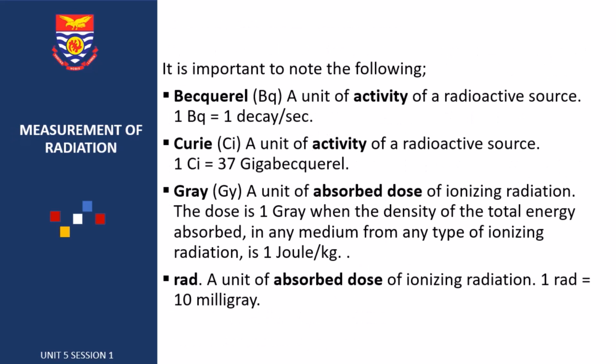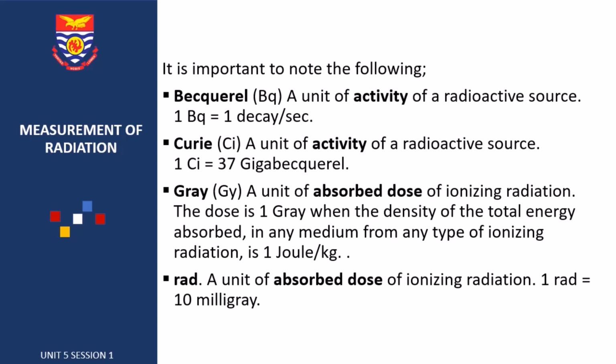In order to understand the measurement of radiation, let's recall the units of radioactivity we learned in the past. The becquerel is one of the units for measuring radioactivity, and 1 becquerel is equal to 1 decay per second.